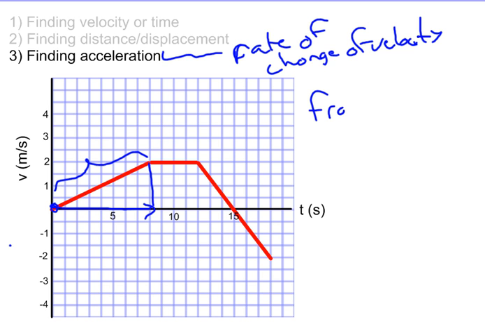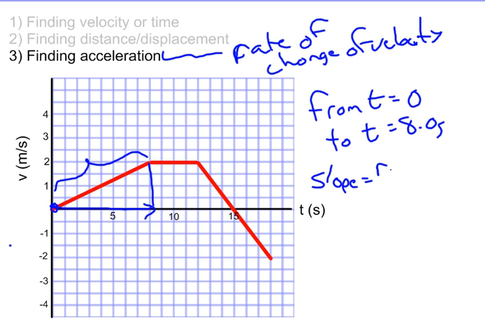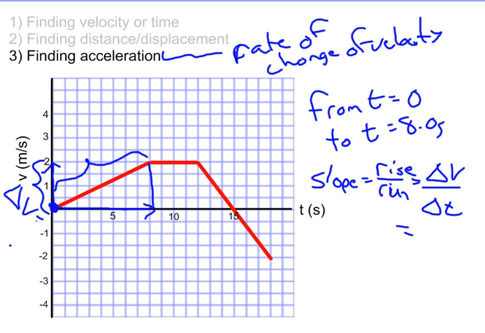So from time equal to 0 to time equal to 8 seconds, the slope is equal to, well, your math teacher will say rise over run, but what we're really looking at is the change in velocity over the change in time. The change in velocity for that period of time, starting at 0, going to 2, represents a change in velocity equal to 2 meters per second.